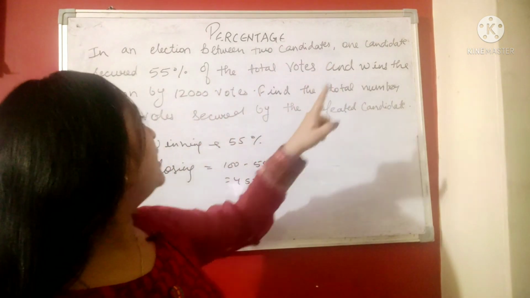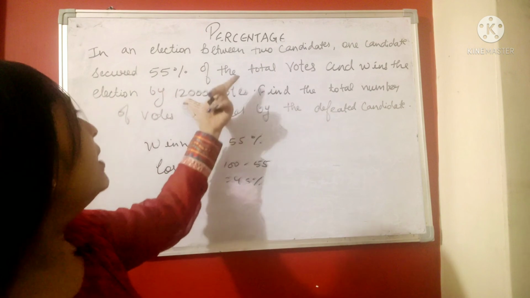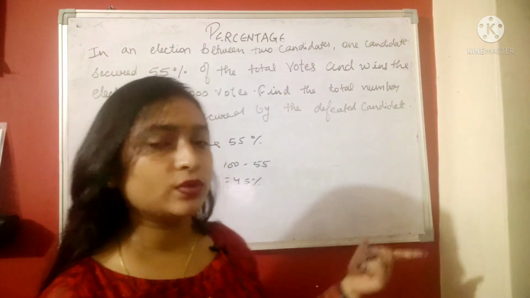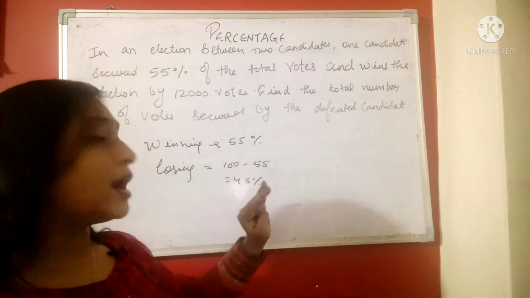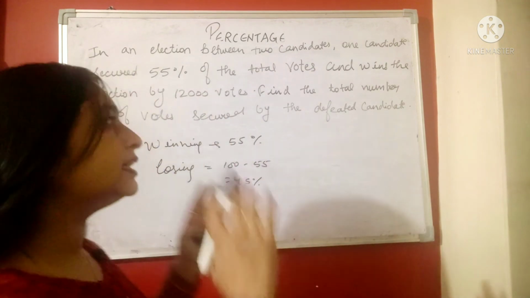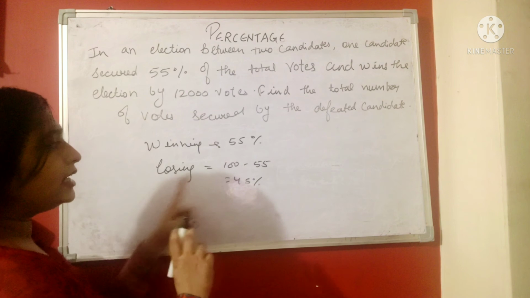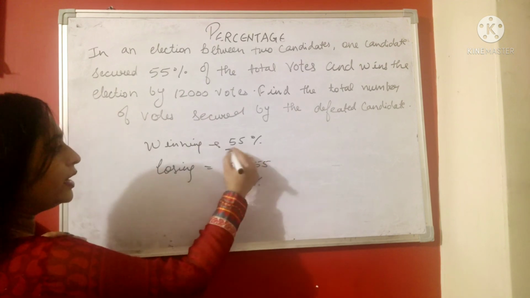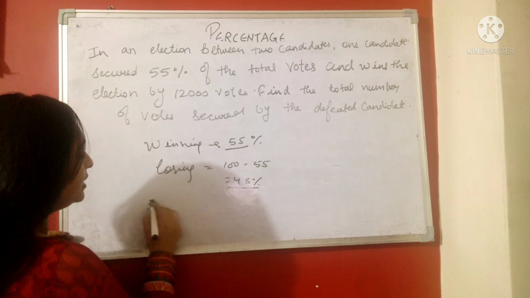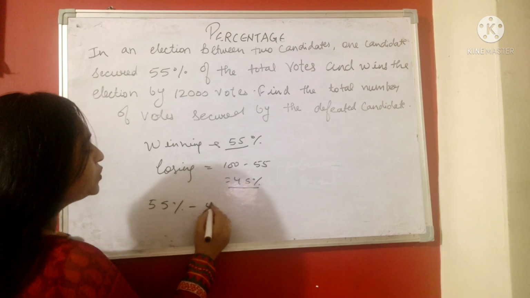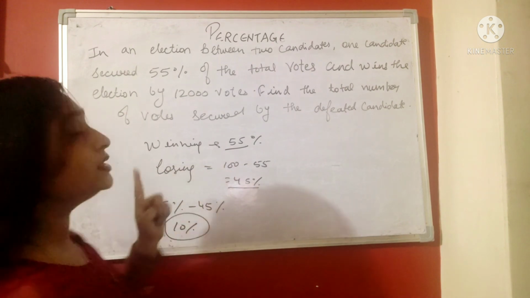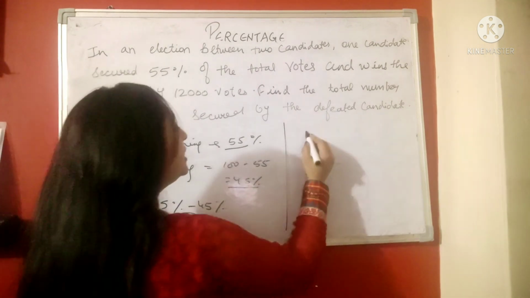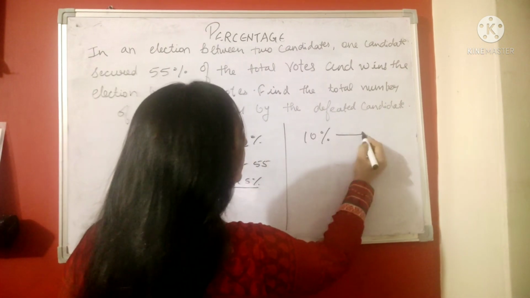And the winning candidate has won by 12,000 votes, that is, he has got 12,000 more votes than the losing candidate, and the difference between the winning and the losing candidate is 10%, right?